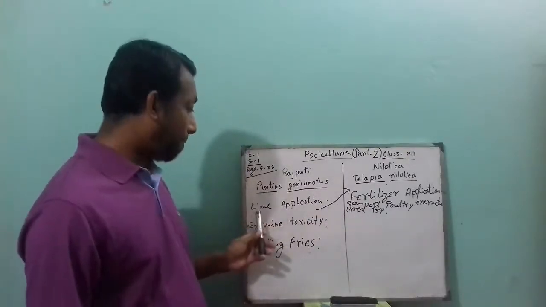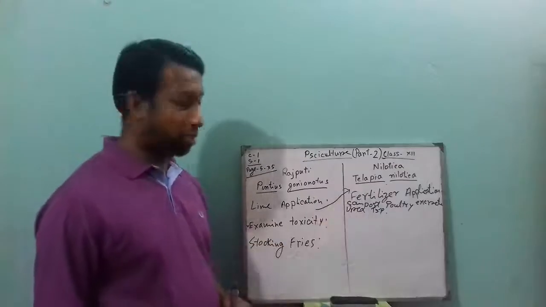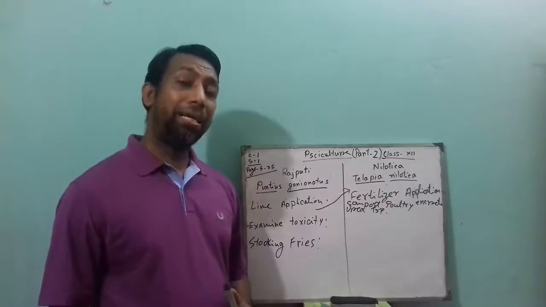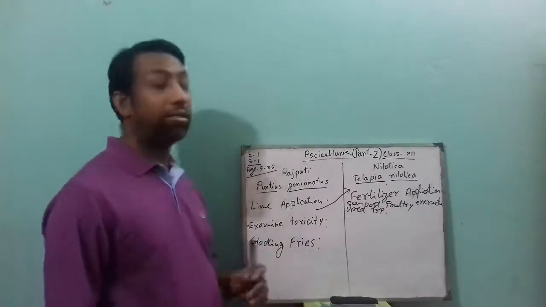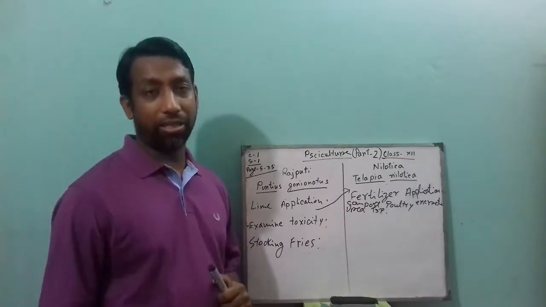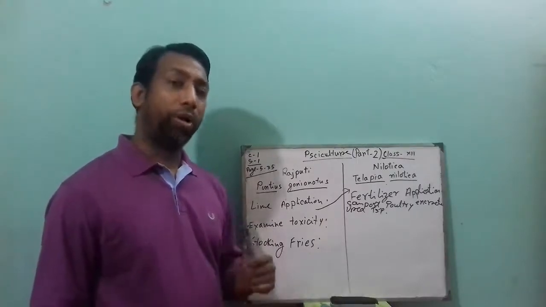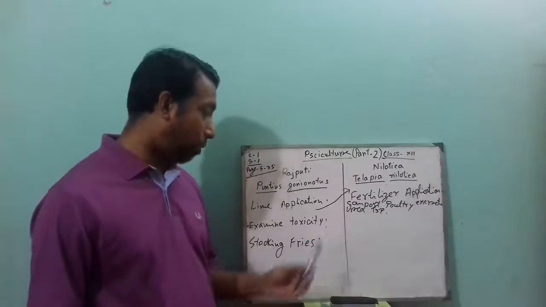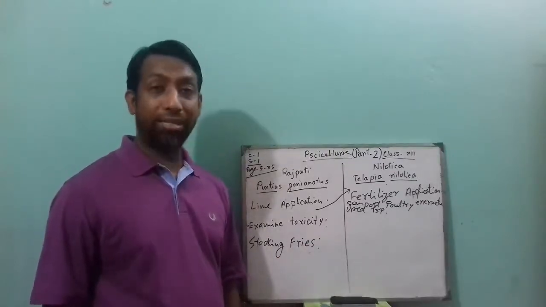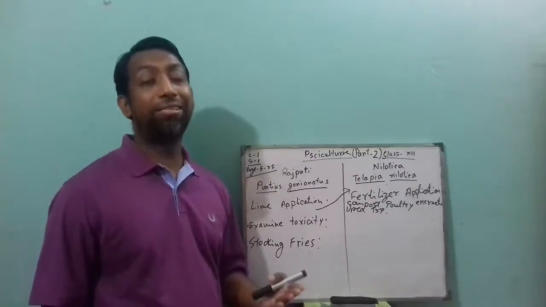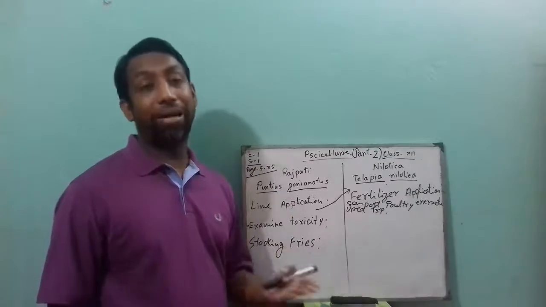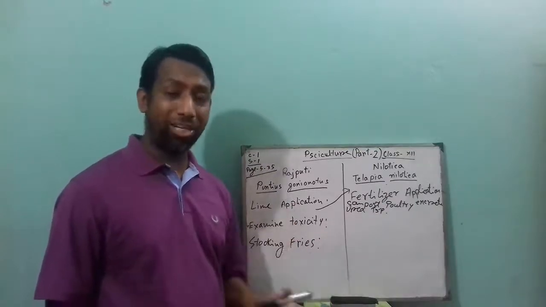So we apply lime, then fertilizer application. Now you have to examine the toxicity of the pond water. How can you examine the toxicity? Because before, when you apply medicine in the pond, for about 2 weeks the water of the pond is toxic, or the activity of medicine is present in the water.